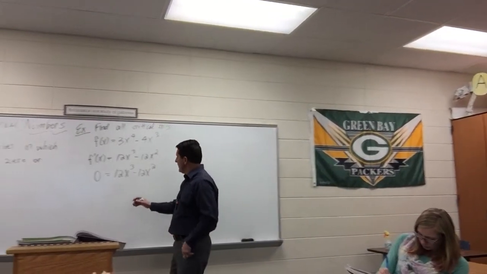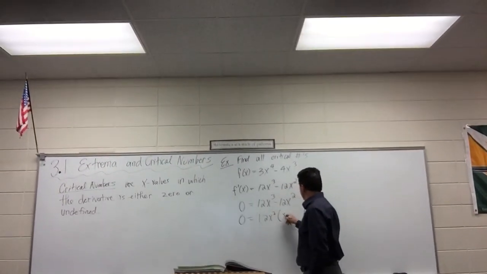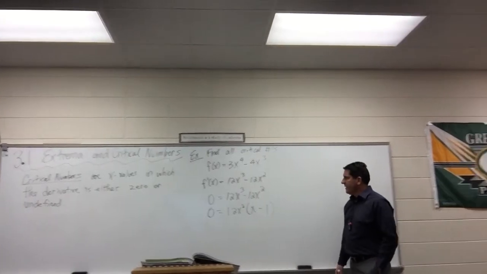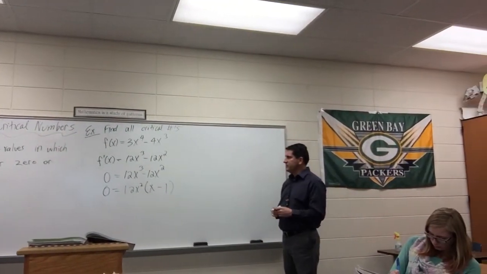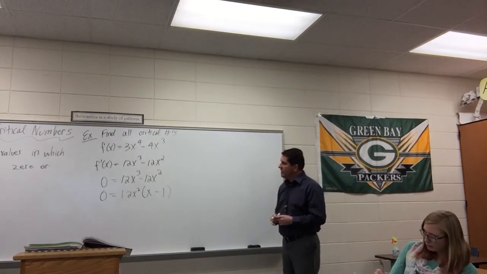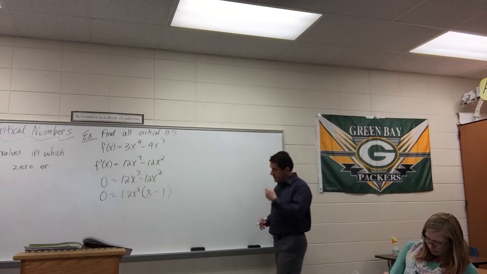Okay, so now we just have to solve. So what do we get here? I spy 12x squared times (x minus 1). Factored form is really good because it allows you to find the solutions faster.